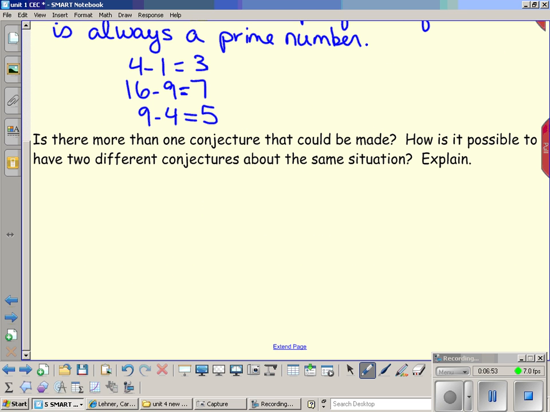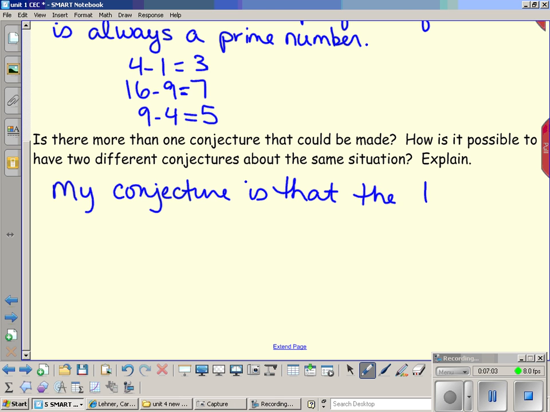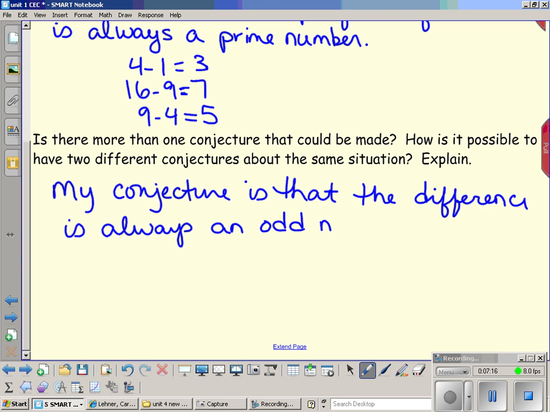Maybe some of you thought that my conjecture is that the difference is always an odd number. Okay, and we're going to test this with some data.